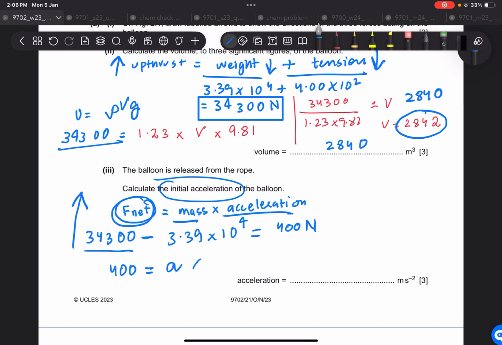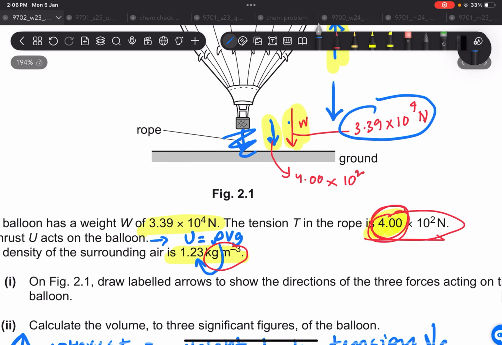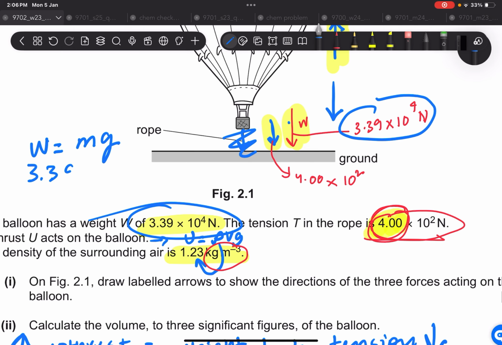Acceleration I don't know. What's going to be the mass? We're given the weight. Where's the weight? This one's the weight. W equals mg. Weight, 3.39 into 10 raised to power 4, divided by g, which is 9.81, equals your mass.